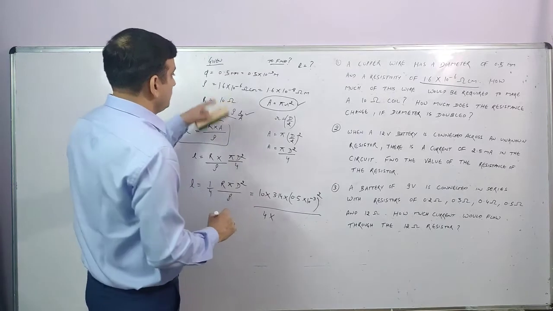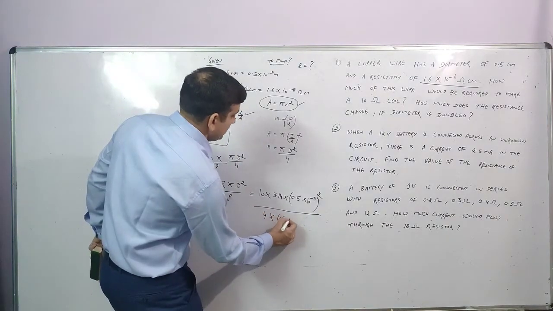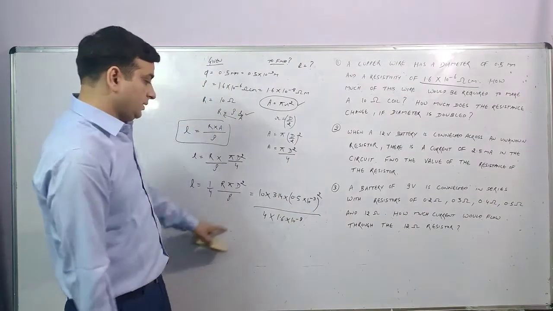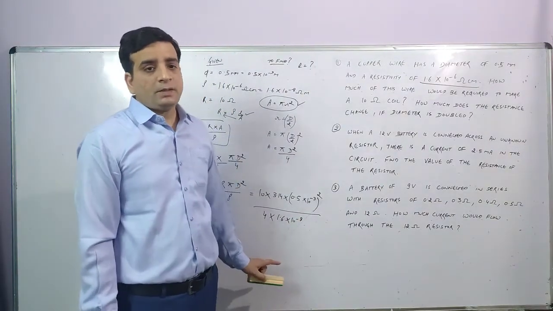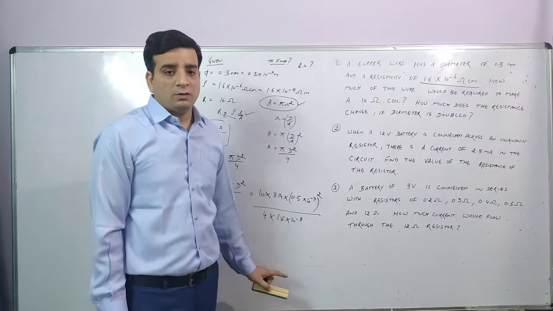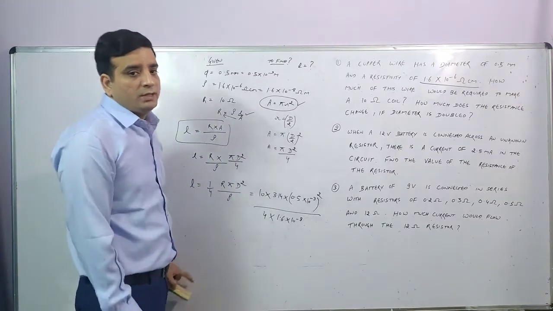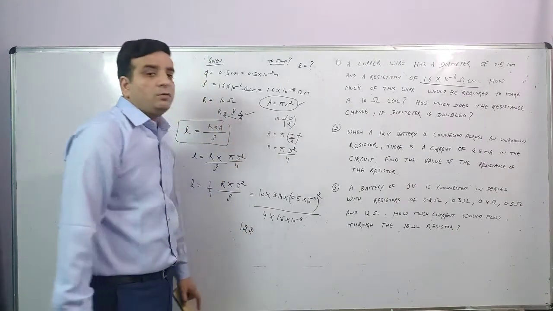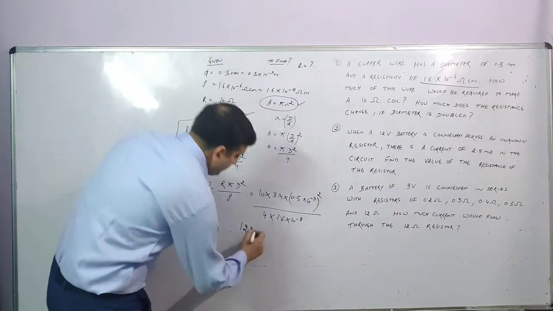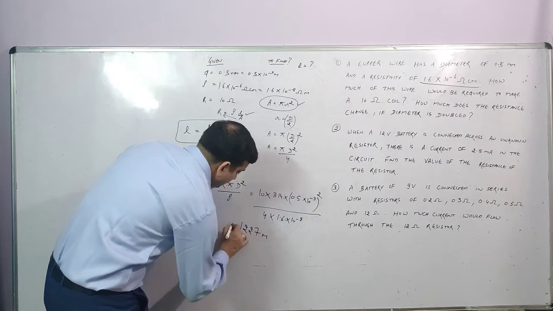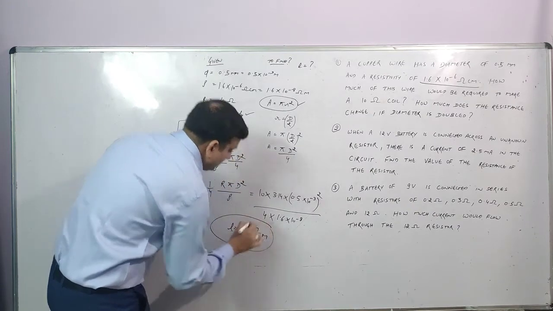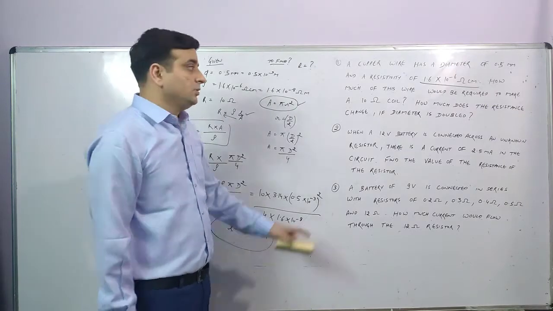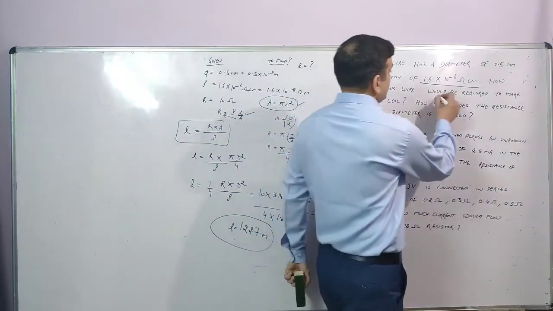So 4 into rho, which is 1.6 into 10 raised to power minus 8 ohm meter. After solving this, you will get L is equal to 122.7 meter. So this is the solution of the first part.